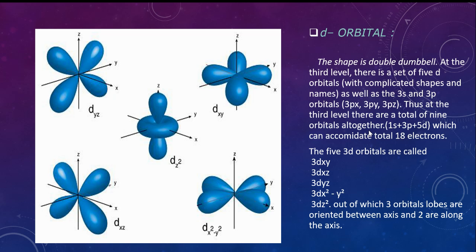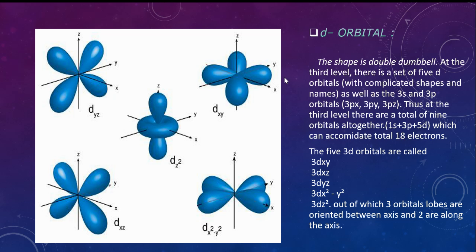In the second level, there are two, s and p, whereas in the third level there are three, s, p, and d. So 1s, 3p, and 5d, a total of 9 orbitals, and each orbital can accommodate 2 electrons. That's the reason a total of 18 electrons can be accommodated in those 9 orbitals.